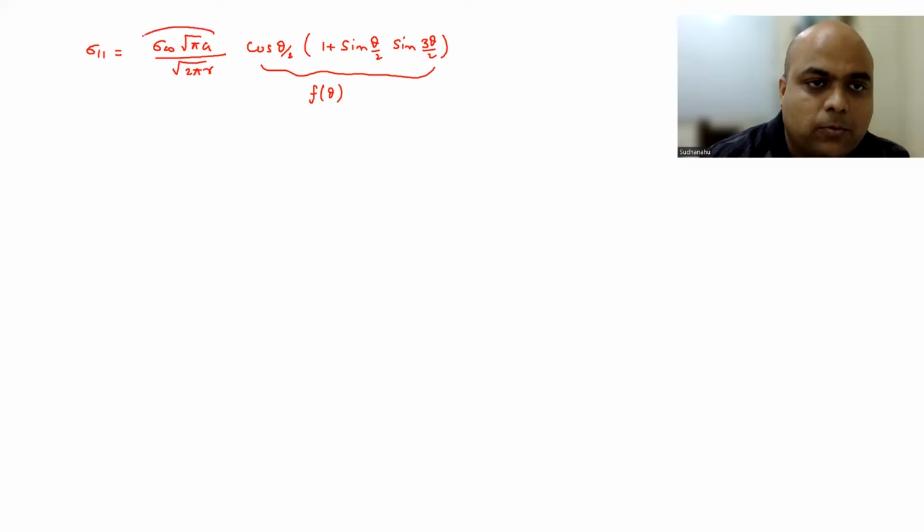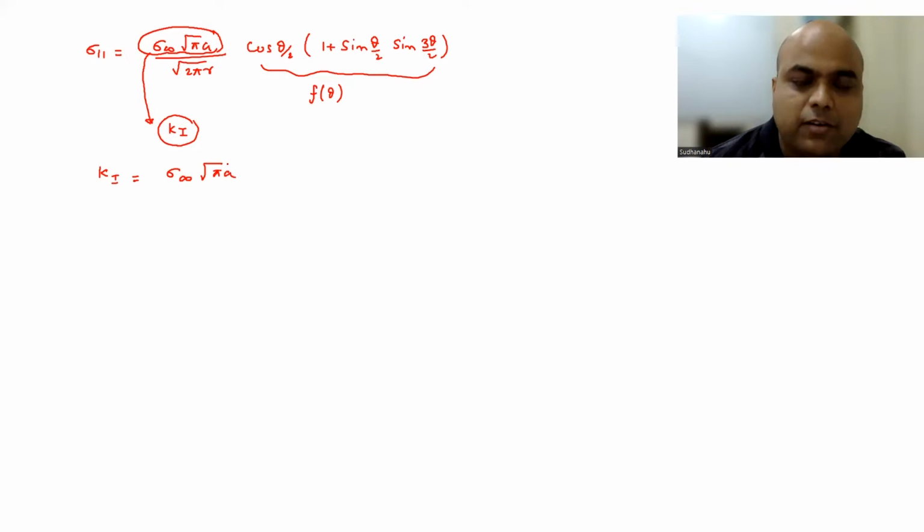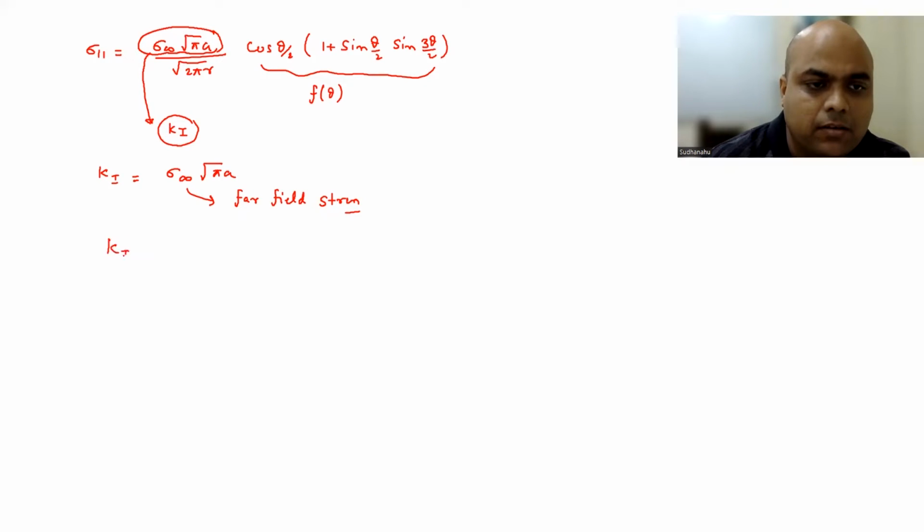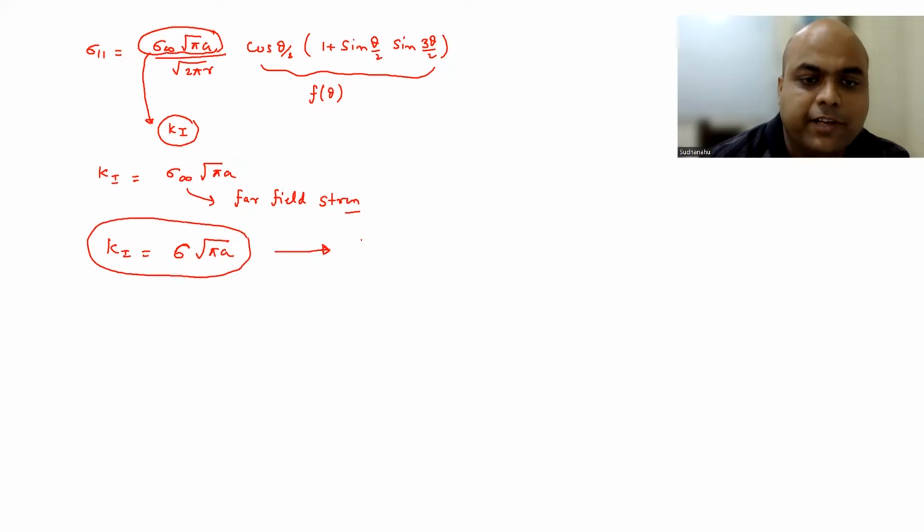Now this particular term, you remember we had denoted as K1. So K1 was sigma infinity root pi a, where sigma infinity was the far field stress. Now we'll just use sigma as sigma infinity. So K1 is sigma root pi a. And if you remember, this was for an infinite plate.